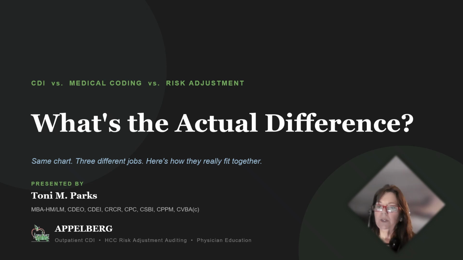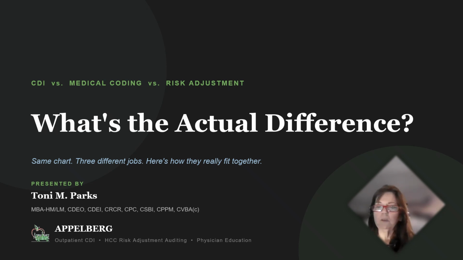If you work anywhere near healthcare documentation, you've probably heard these terms thrown around. They're interchangeable, right? CDI, medical coding, risk adjustment. Someone might say the coder flagged it, someone else says CDI is asking about it, and someone else says this affects our risk score.